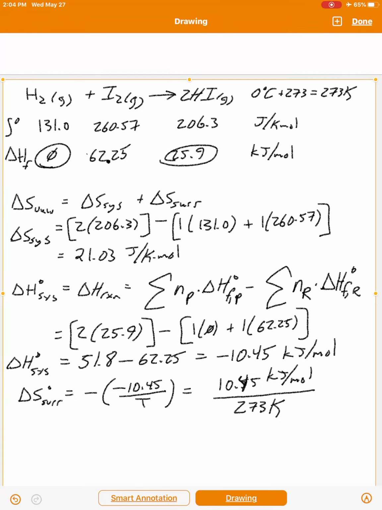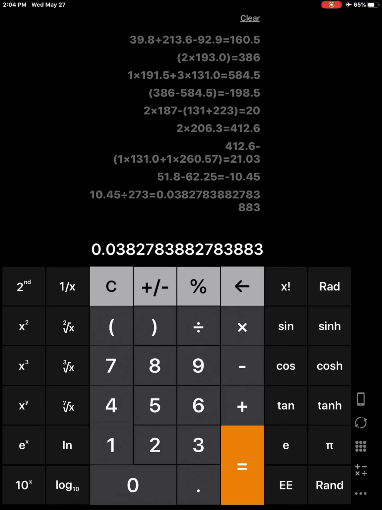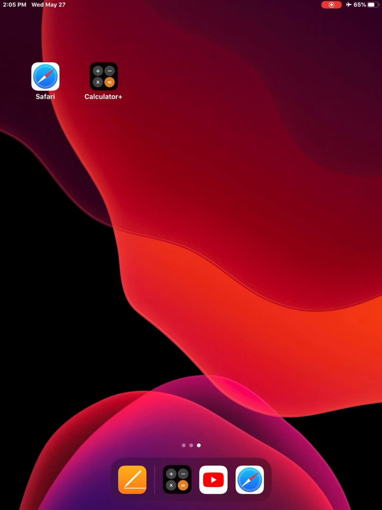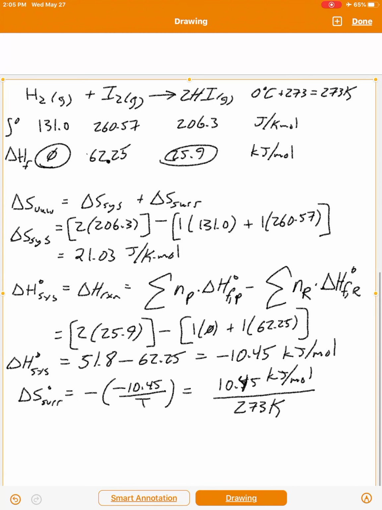When you take 10.45 and you divide that by 273, you get 0.0383 kilojoules per kelvin mole, right? That's delta S of the surroundings.